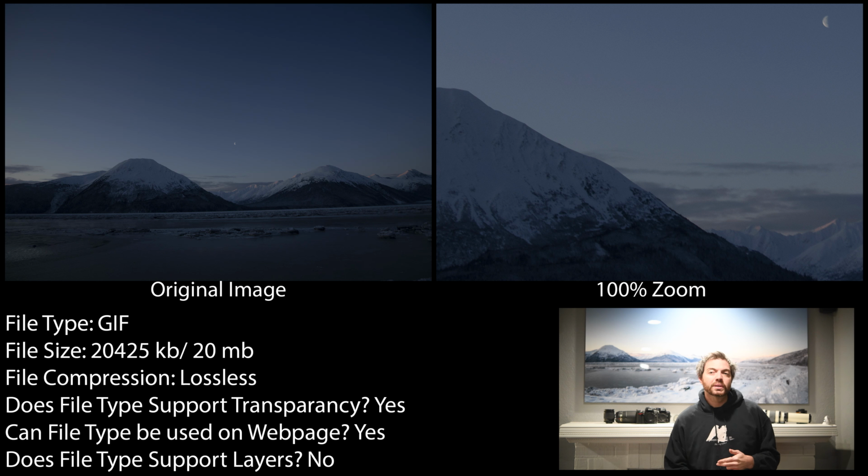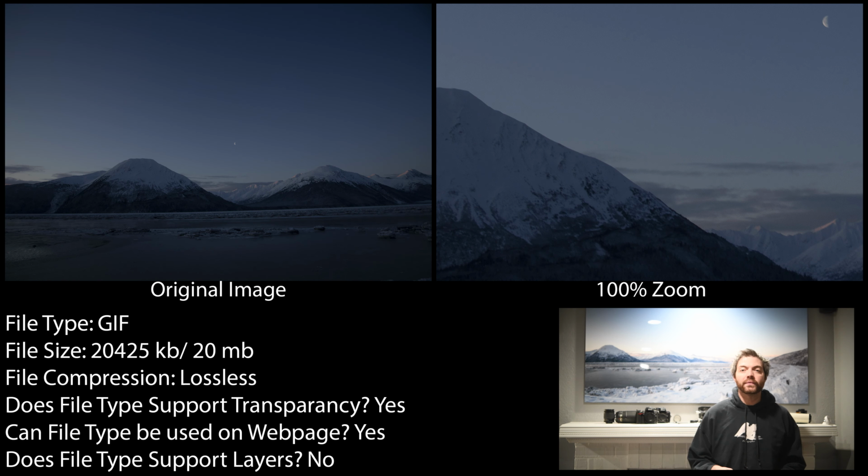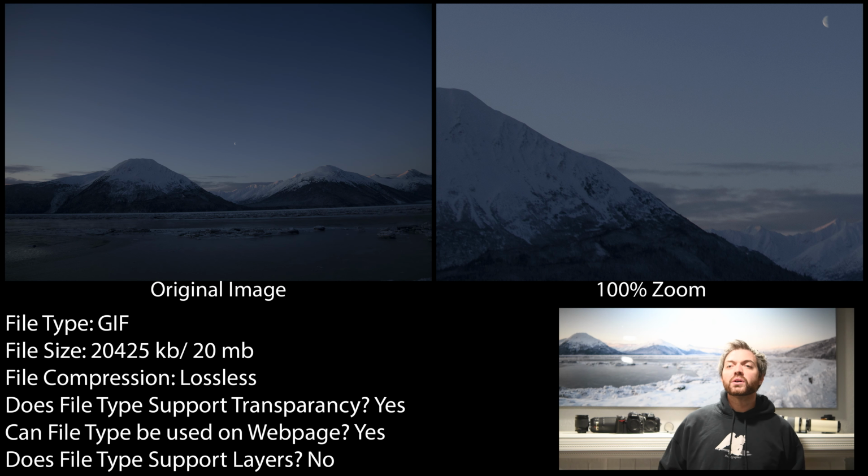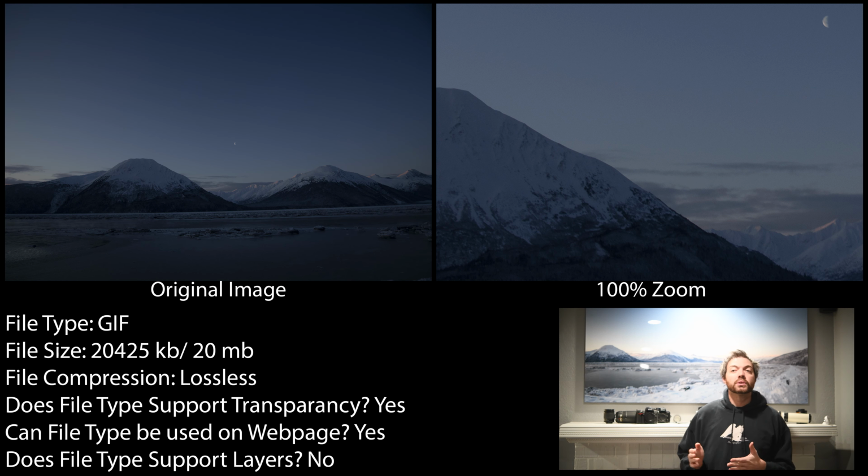It does not support layers the way the other formats do, but if you're creating an animated graphic, the GIF is the way to go. And those are a type of layer. Now, I will generally only use GIF for animated graphics. For all other graphics, I use PNG, and for pictures, I use JPEG on web pages. I use TIFF for sending out to print studios, and I edit in PSD or RAW.